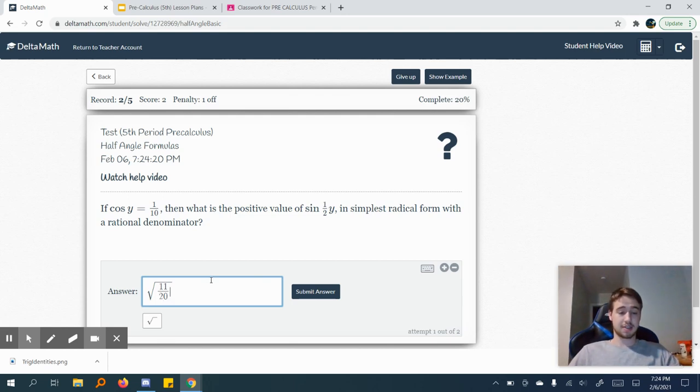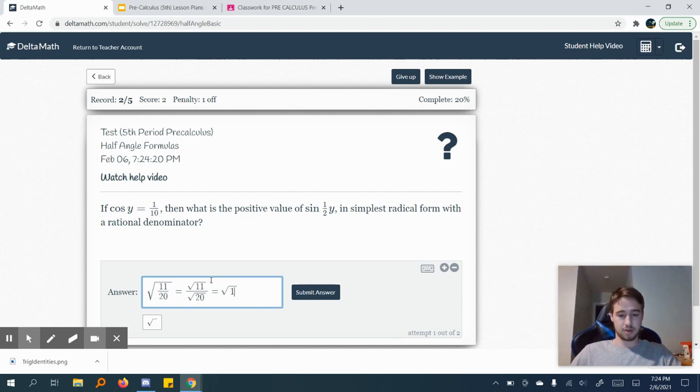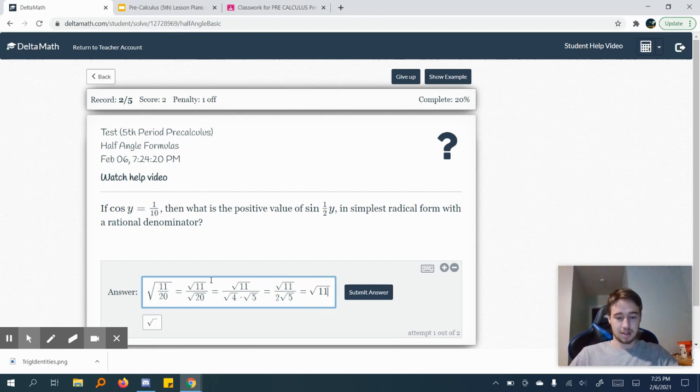So let's actually split that up, equals root 11 over root 20 equals root 11 over root 4 times root 5, which is root 11 over 2 root 5, which finally is root 11 times 5 over 2 times 5, which is radical 55 divided by 10.